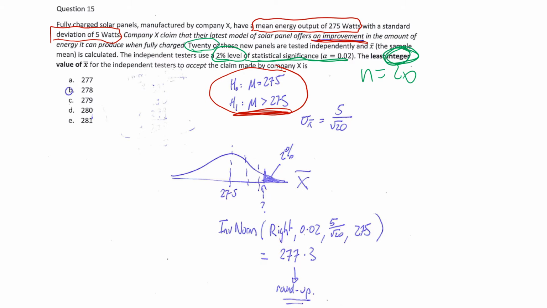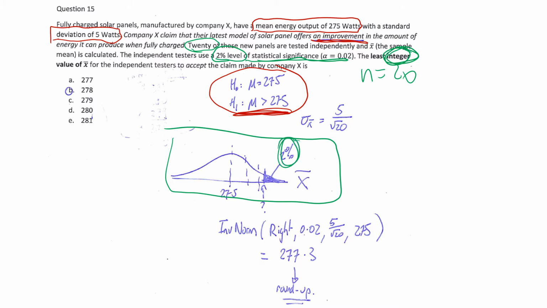All right, so this is one of those cases where we have to work backwards. So we're going to start with the specifics of our normal distribution, and work out what the value would need to be for the top end to be 2%.